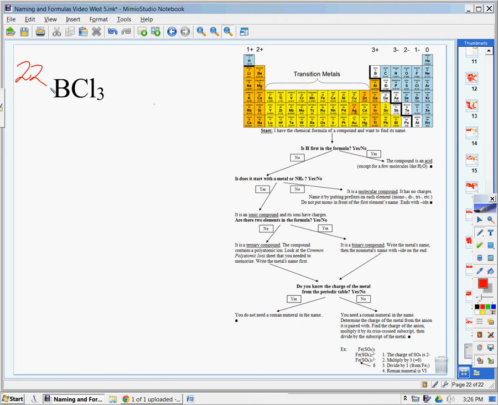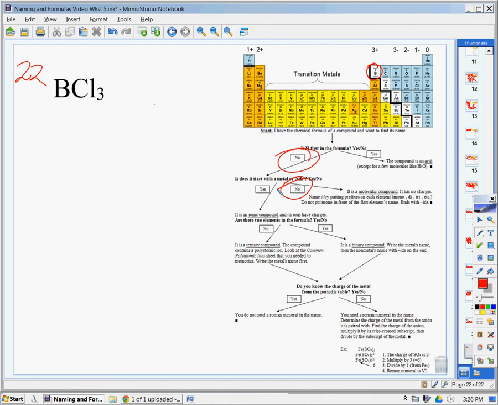22. Last but not least, is H first in the formula? No. Does it start with a metal or NH4 plus? Kind of. Boron's a metalloid. It's not really a metal, so no. But it's not really a non-metal either. So I would be okay if you name this like ionic things, or if you would name it like molecular things.